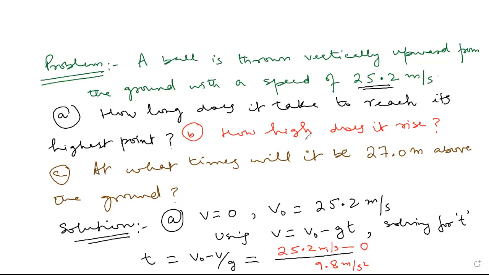So we have v naught minus v over g, 25.2 meter per second minus 0, which is our v, over acceleration due to gravity, which is 9.8 meter per second square. When we solve it, it turns out to be 2.57 second. So this is the answer of part A.